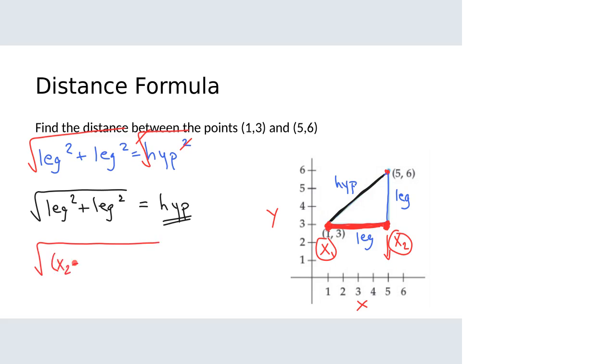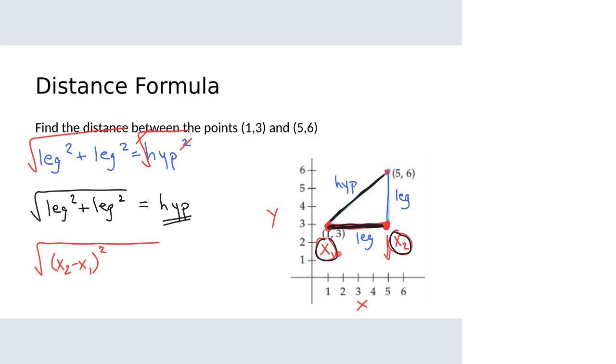That's x2 minus x1. That would be the length of this leg right here. Let me know if it's completely confusing. But this distance from here to here is just whatever x2 is minus whatever x1 is.